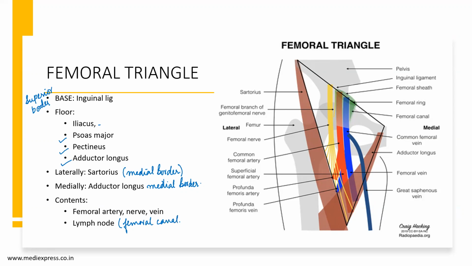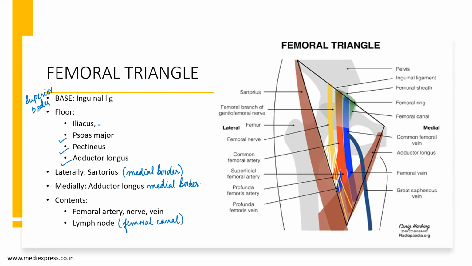So rather than telling the contents as femoral artery, nerve, vein and the lymph node, it is better to say femoral artery, femoral nerve, femoral vein, and the femoral canal. And in the femoral canal, we have the lymph nodes as well as its vessels. Okay, so this was about the femoral triangle.